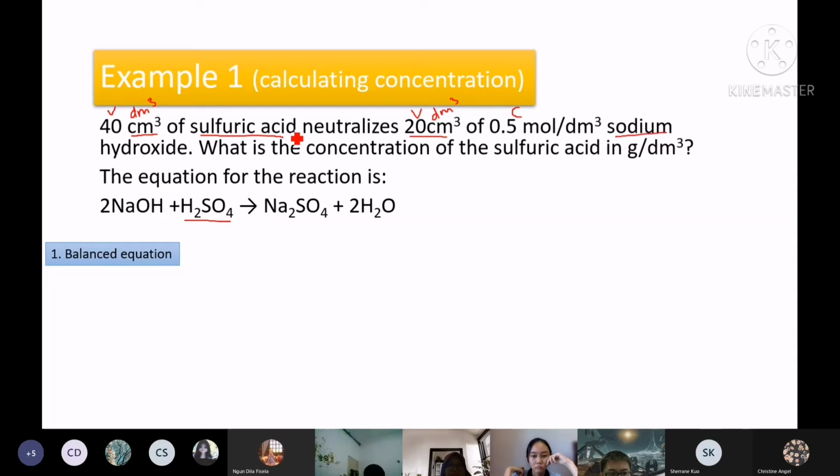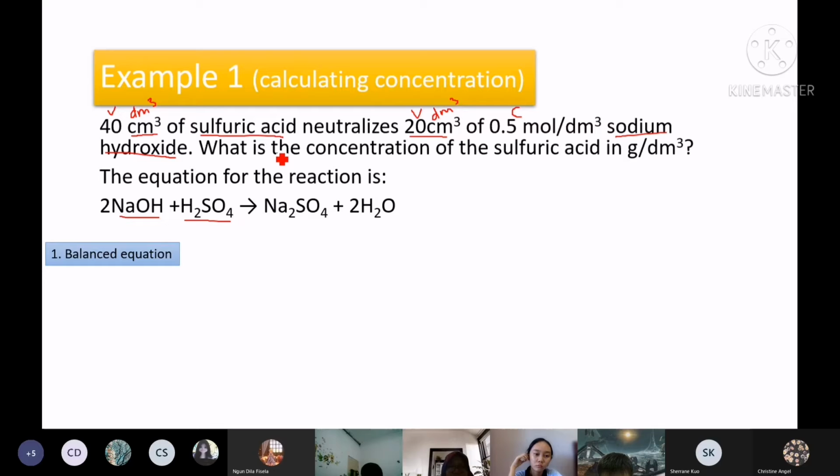Sodium hydroxide, the chemical formula is NaOH. So the sodium hydroxide reacts with sulfuric acid, NaOH plus H2SO4. The products are sodium sulfate plus water.